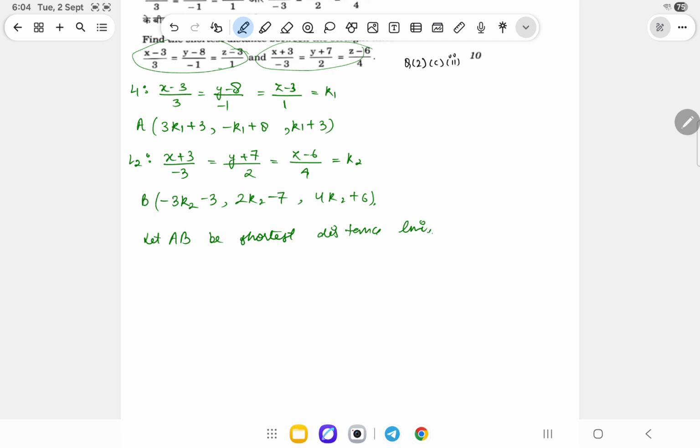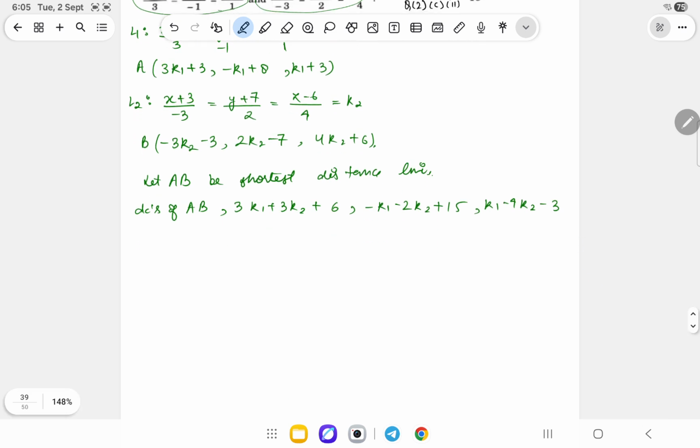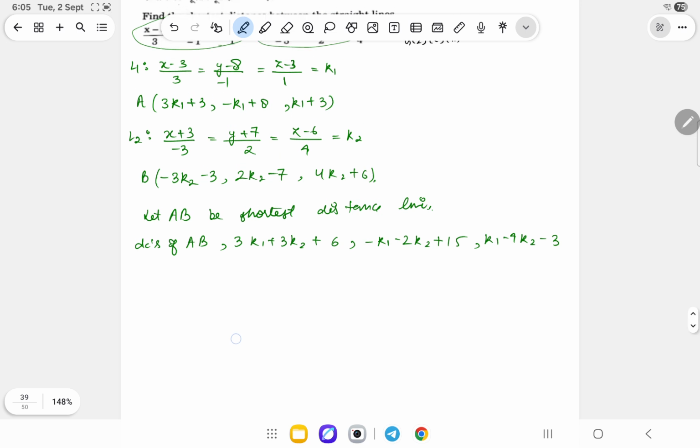So we have a parametric form of coordinates of A and B. So the direction ratios of AB will be basically 3k1 plus 3k2 plus 6, minus k1 minus 2k2 plus 15, and k1 minus 4k2 minus 3. So this must be perpendicular to both lines L1 and L2.